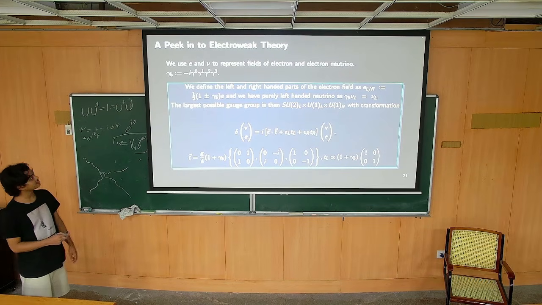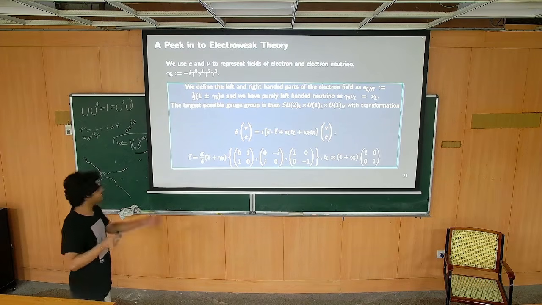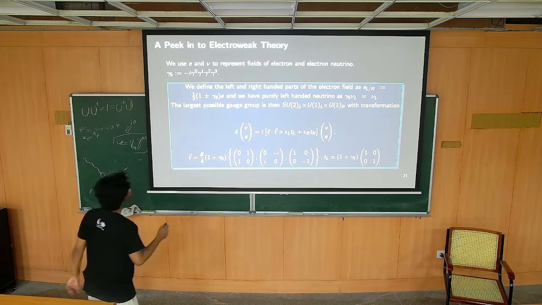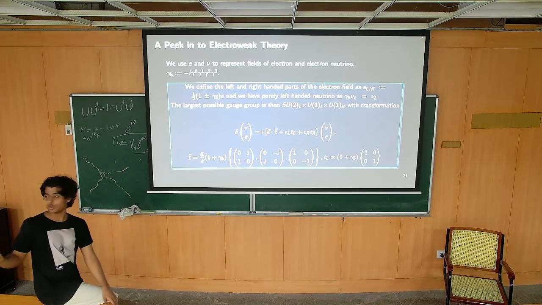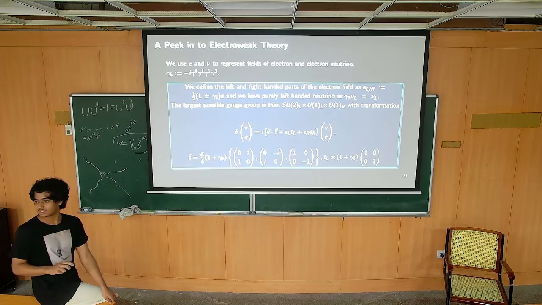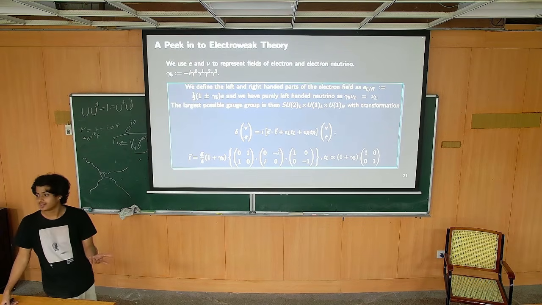Here e represents the electron field. As of now, we only know about neutrinos which are left-handed. We don't know about right-handed neutrinos. They might exist. We call them sterile neutrinos. We don't know because their only interaction would be gravity.